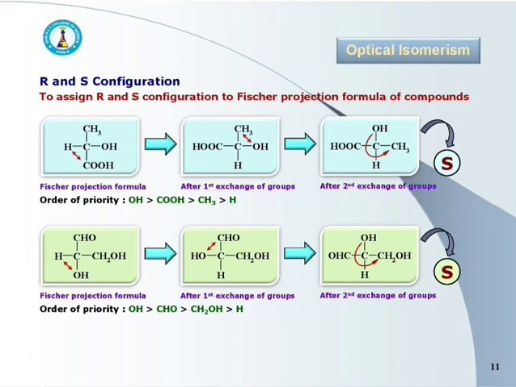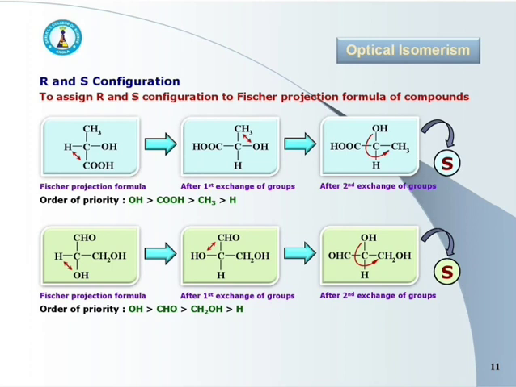Here I exchange H and COOH and then CH3 and OH groups. Now in the structure obtained after the second exchange, hydrogen is at the bottom position and priority of other groups decreases in anti-clockwise direction. So we can say it is the S isomer.